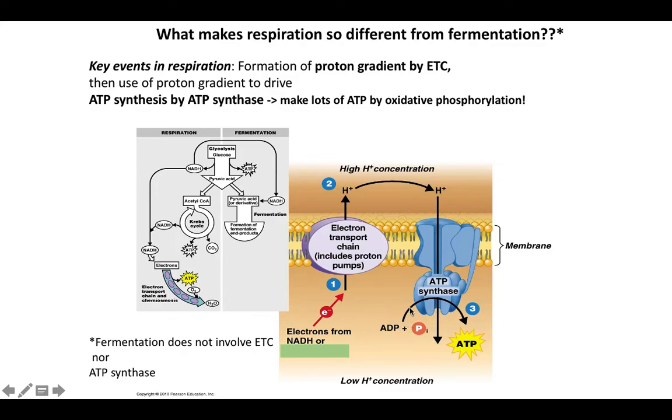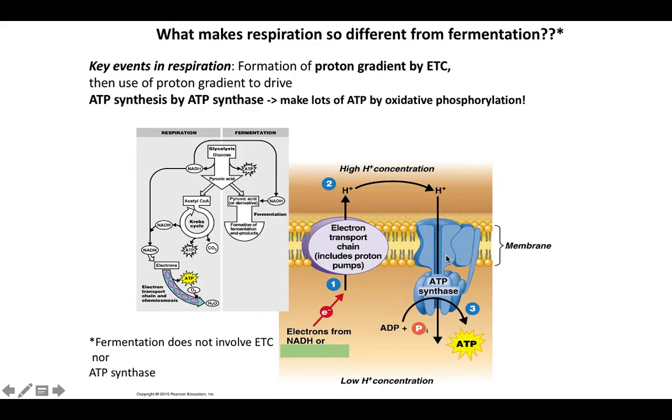It causes shape changes in ATP synthase, and this helps drive the electron rearrangement that permits ADP to be phosphorylated to make ATP, right? And we said a massive amount of ATP is made in this process called oxidative phosphorylation, like about 34 of the 36 to 38 ATP are made using oxidative phosphorylation.